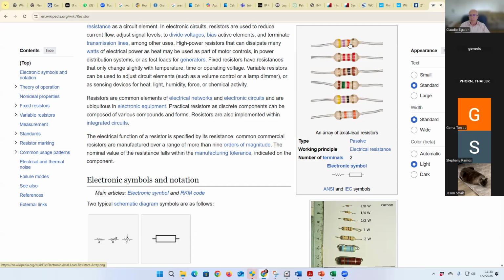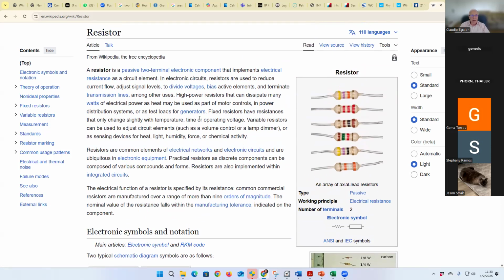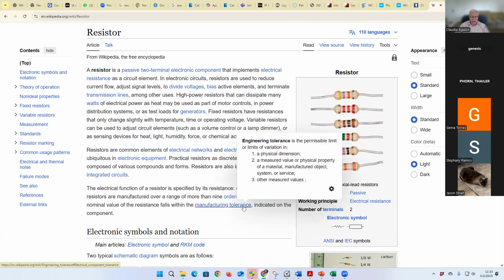If this color represents number 2, those 2 colors should be multiplied by 100. And this last one here represents the tolerance of the resistance, usually like 5 or 10%.